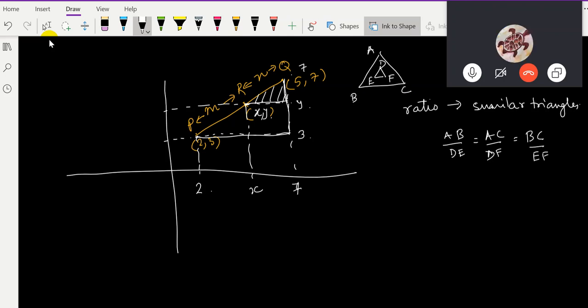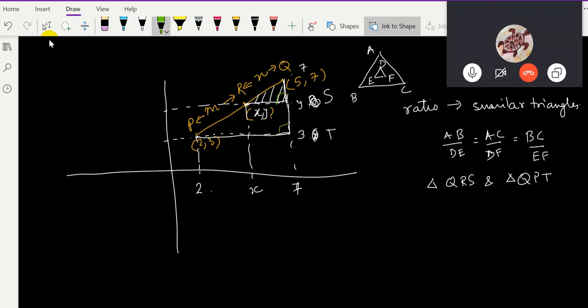Let us call these 2 points R and S. Sorry, this is S. This is T. So the triangles QRS and QPT have this angle as 90 degrees.